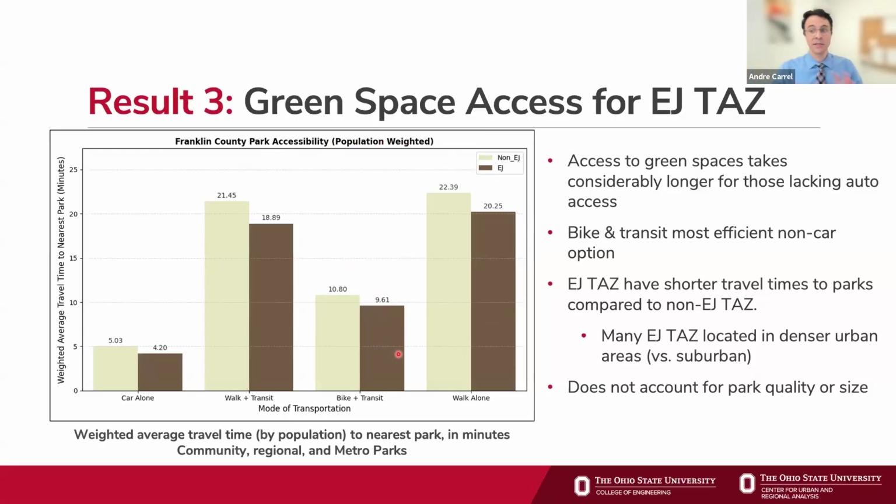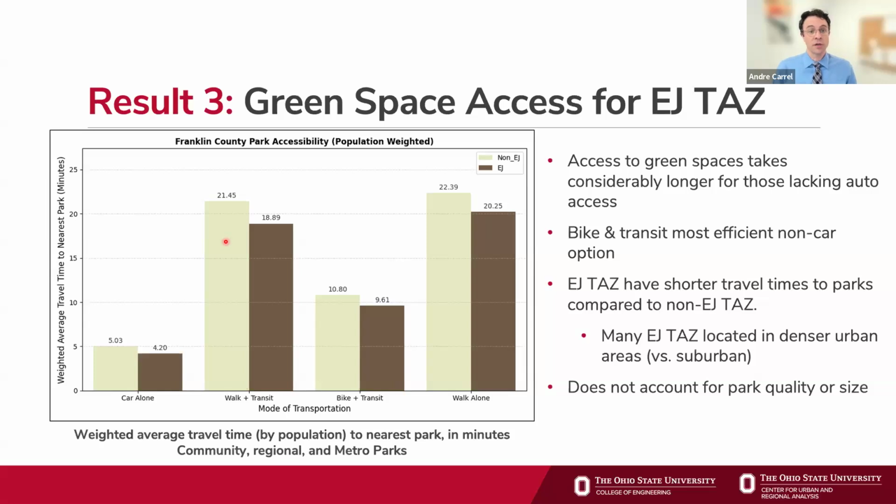Bike and transit remains the most efficient non-automobile option. But what we can also see if we compare the EJ TAZs, which are the darker ones here, to the lighter ones, is that as a matter of fact, even after weighting for population, the EJ TAZs actually have shorter travel times to parks compared to the non-EJ zones.